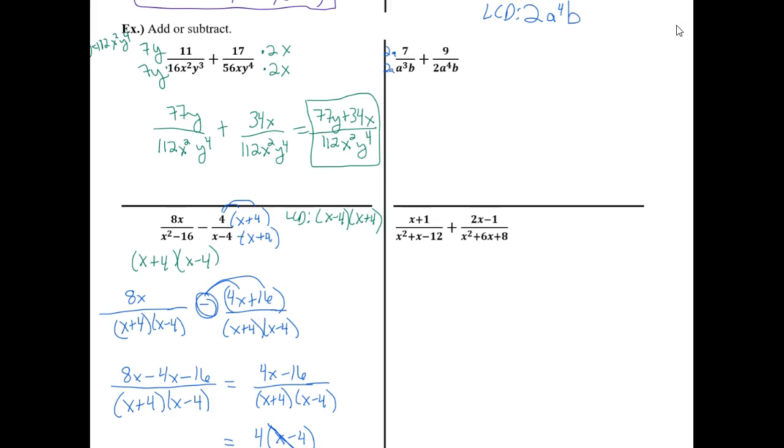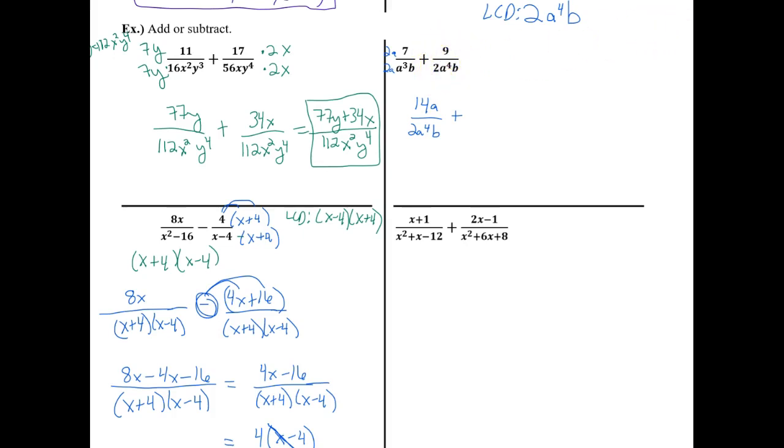Now it's going to be 2a to the 4th times b. So 2a times 7 is 14a over 2a to the 4th b plus the denominator here is already 2a to the 4th, so I don't need to change this at all.